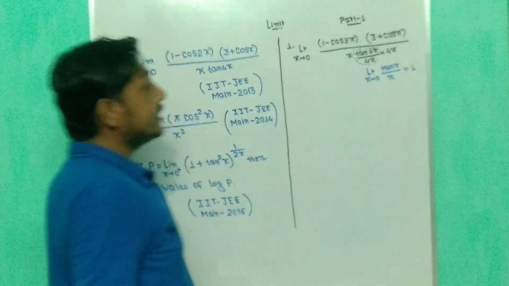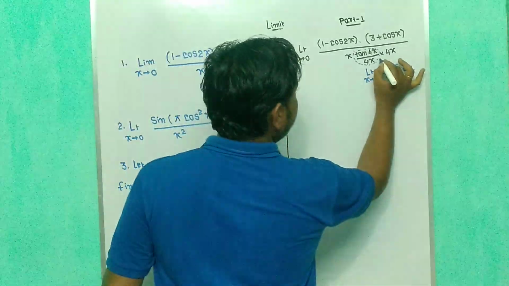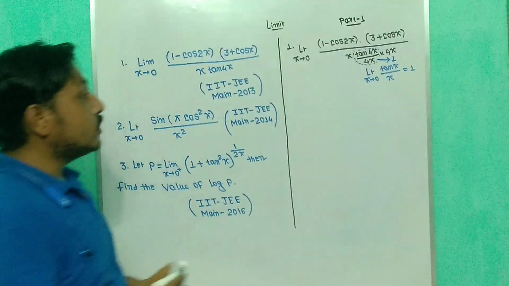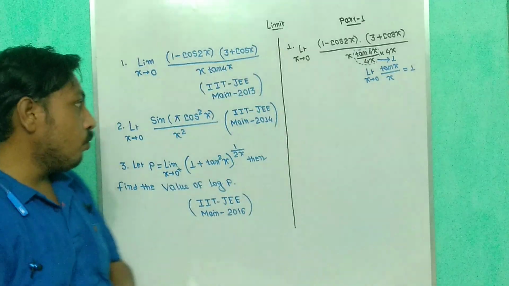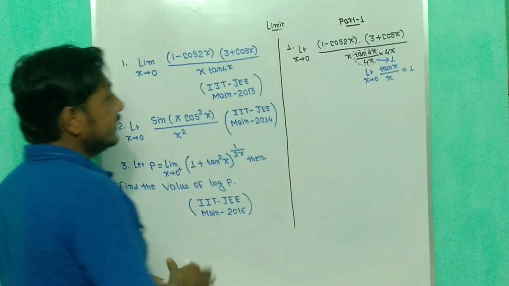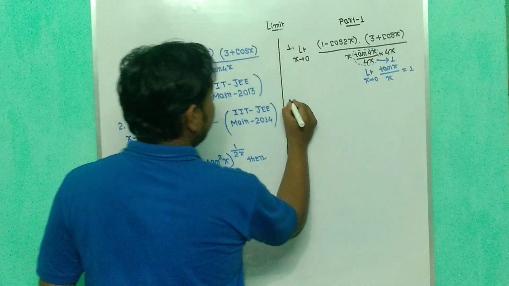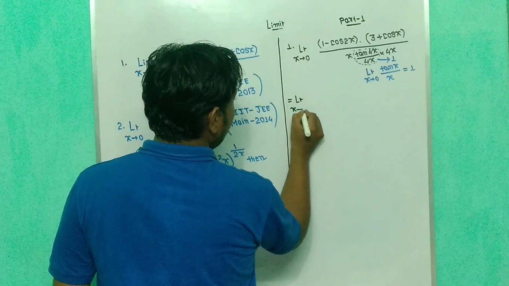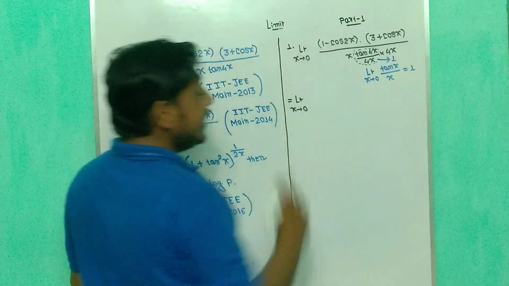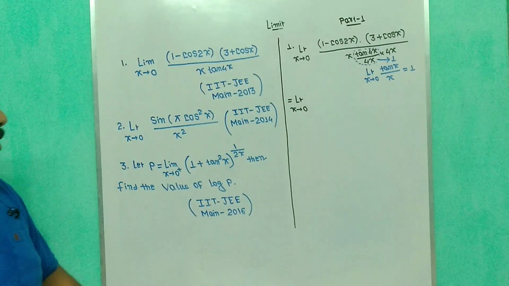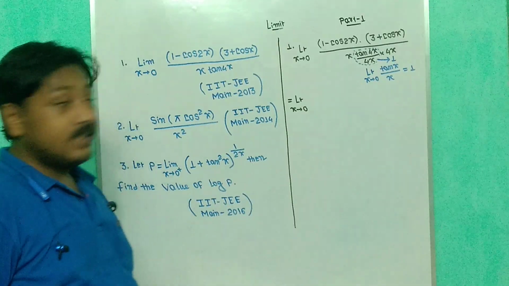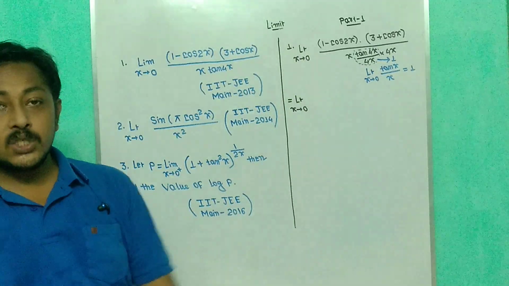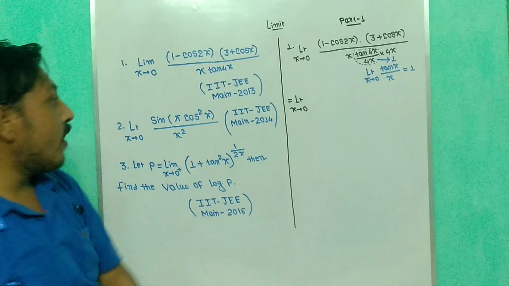Okay. Now see, this part value is 1 because we know the formula that limit x tends to 0 tan x by x equals to 1. So see, limit x tends to 0, 1 minus cos 2x. In the multiple angles chapter, we know that the formula of 1 minus cos 2x equals to 2 sin square x.